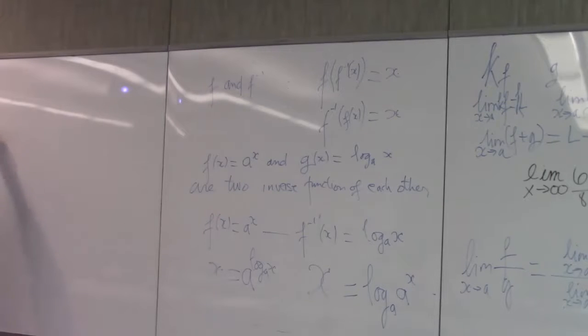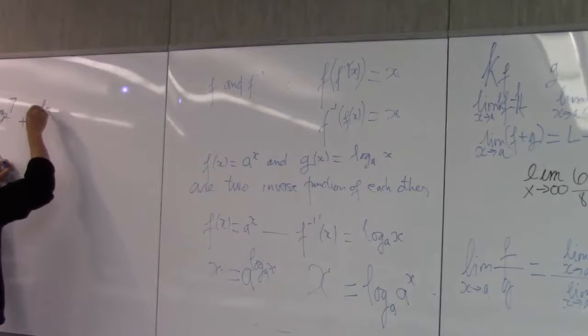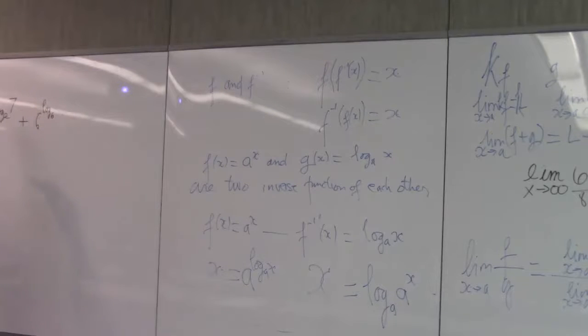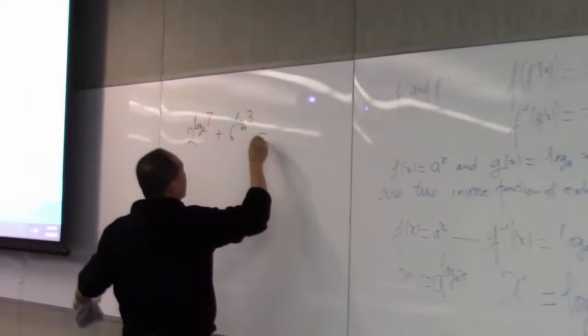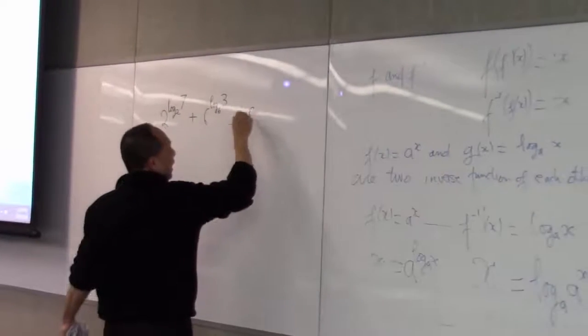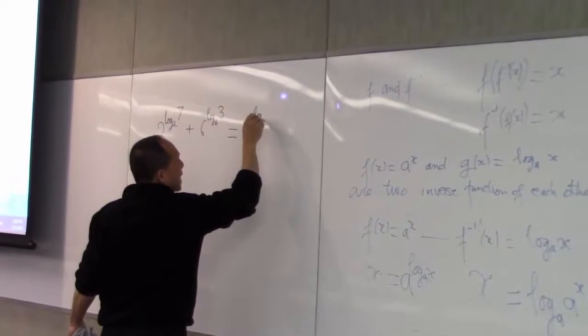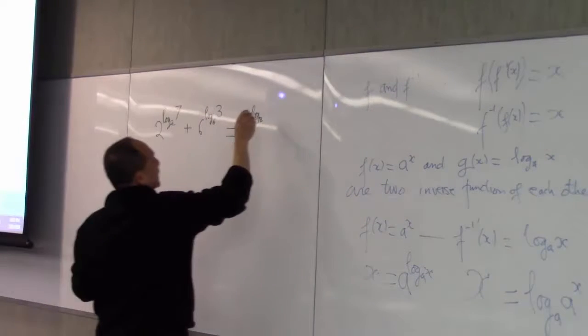If you have a 2 log, be careful, you have to write this. Only when you write it down can you see that. Okay, log base 2 of number 7, plus log base 6 of number 3, equal log base 8 of number x.